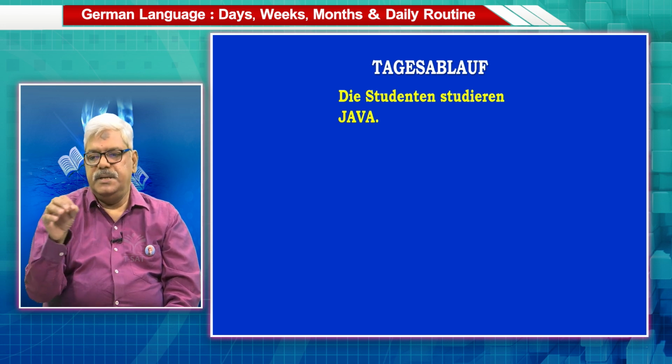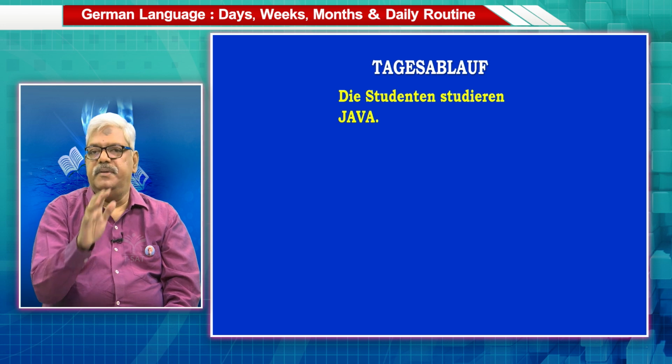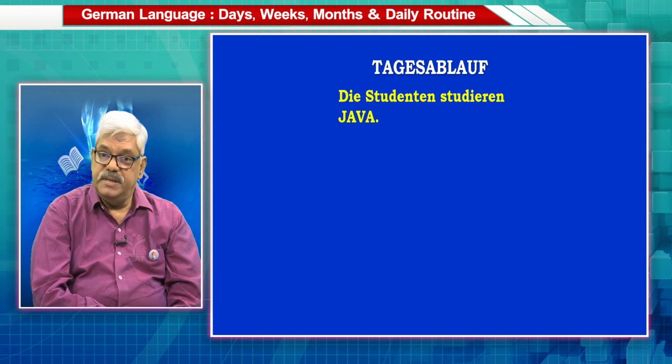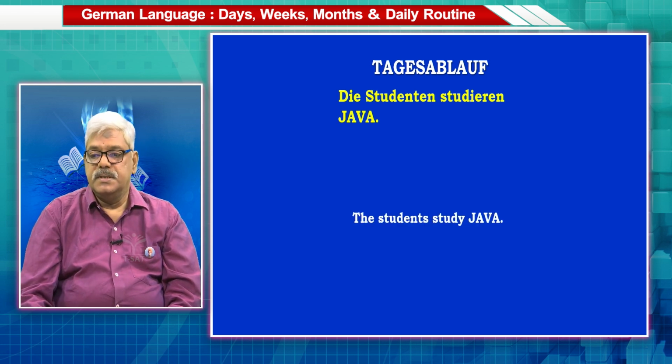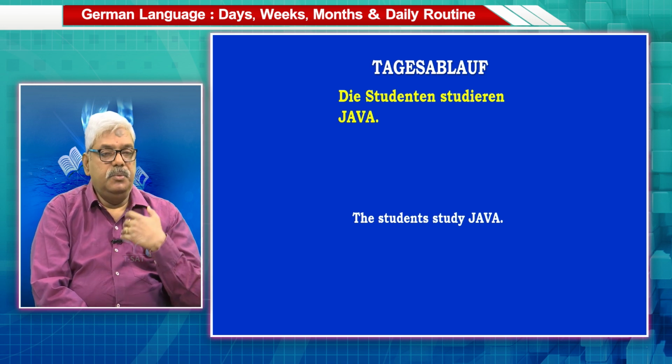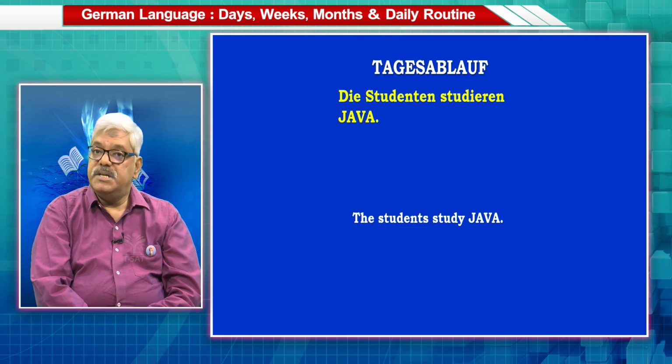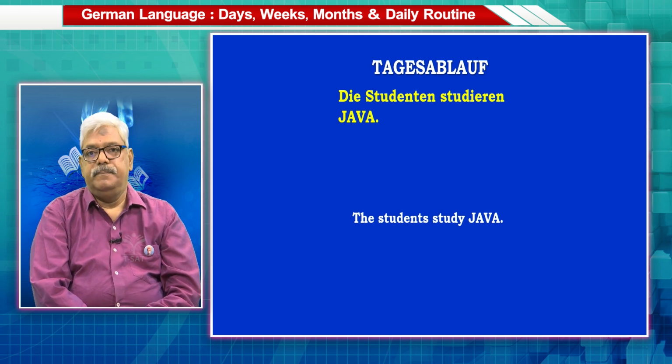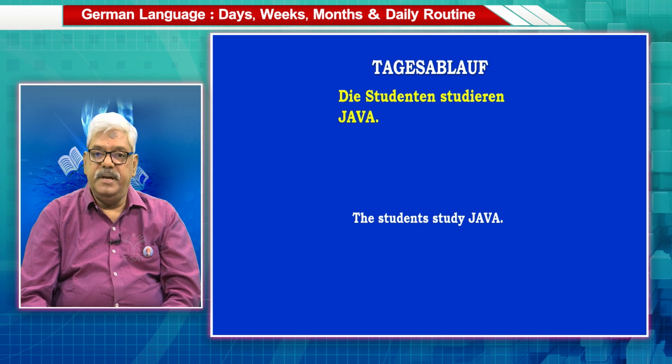So, Die Studenten studieren Java. That's the example I gave you, which means the students study Java. Now you could be doing BTech, for example. Then you can say the sentence as Ich studiere BTech.